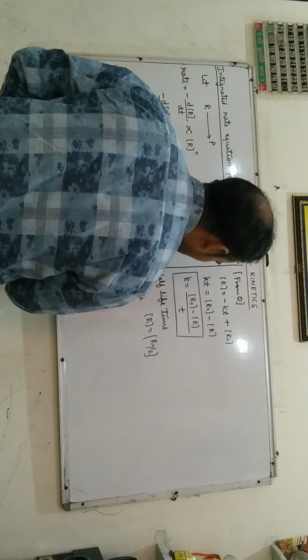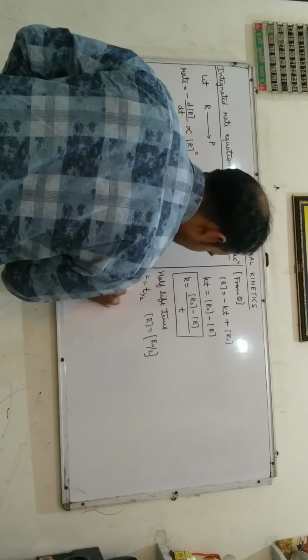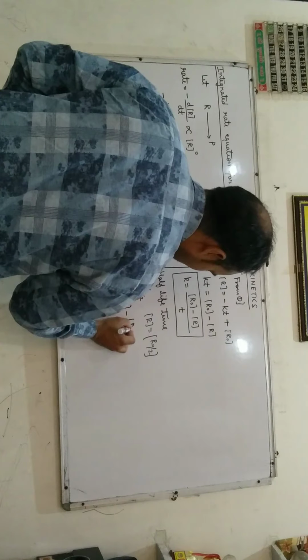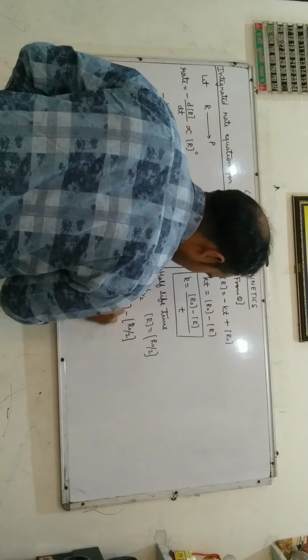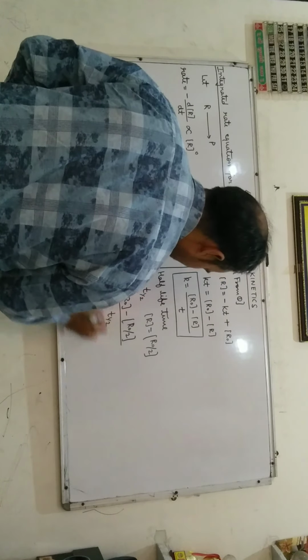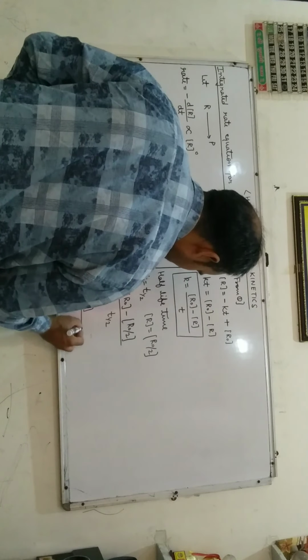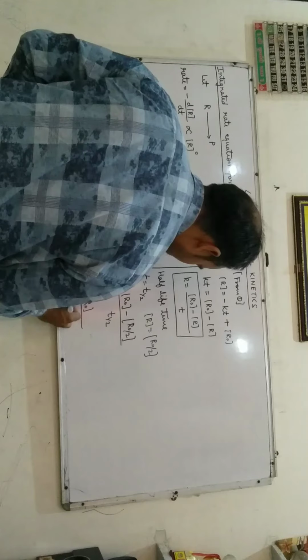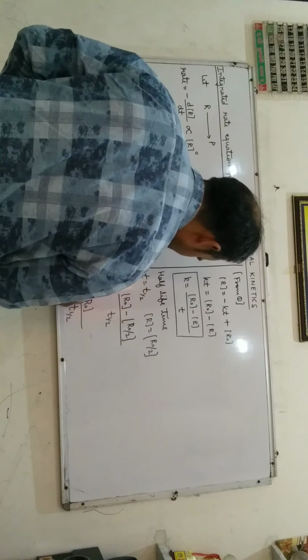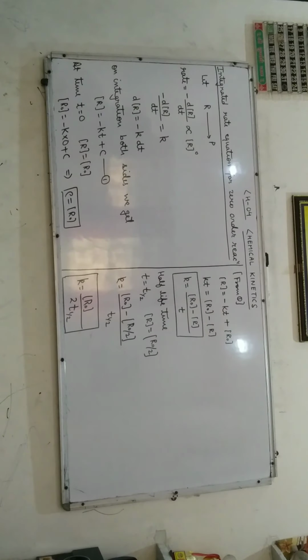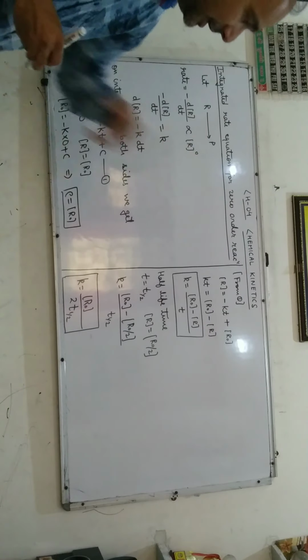Substituting in the above equation, we get K is equal to R naught minus R naught by 2 divided by t half. Thus on simplifying, we get K is equal to R naught upon 2 t half. That is the relationship between the velocity constant and half lifetime for a zero order reaction.